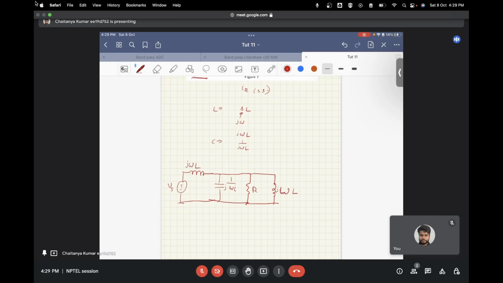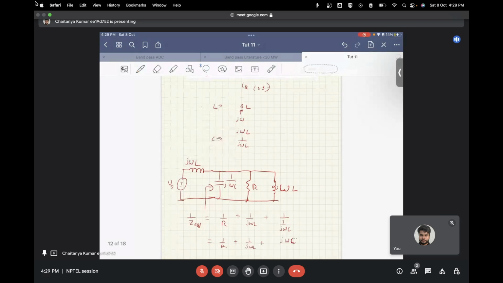So the value of the looking-in impedance from this node comes out to be the parallel combination of the three. Let's call it Zeq. So that comes out to be 1 by R plus 1 by j omega L plus 1 by 1 upon j omega C. So that comes out to be 1 by R plus 1 by j omega L plus j omega C. So let's take this to the next page.